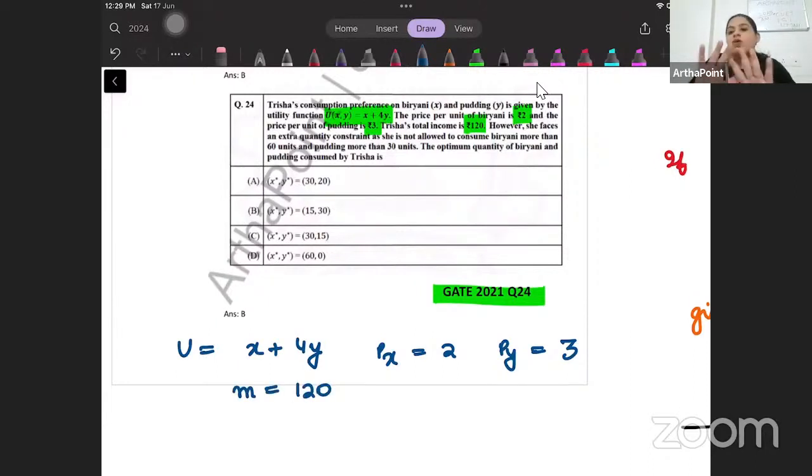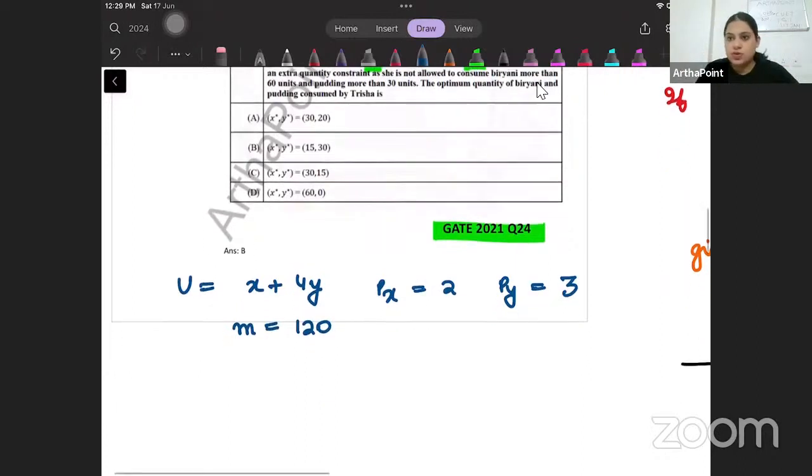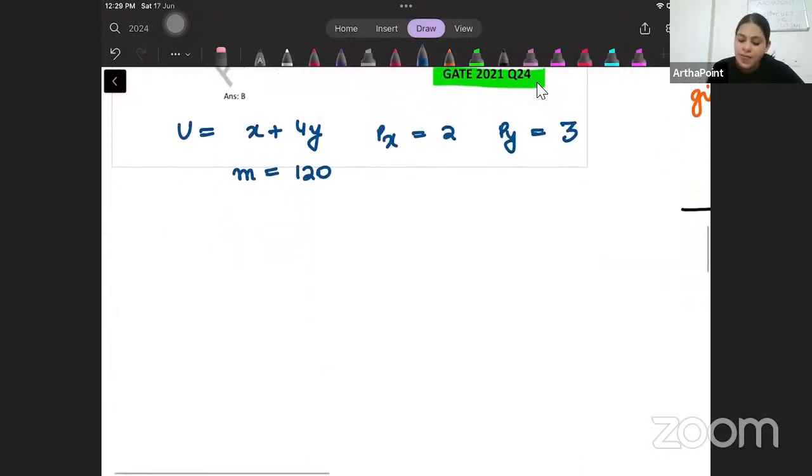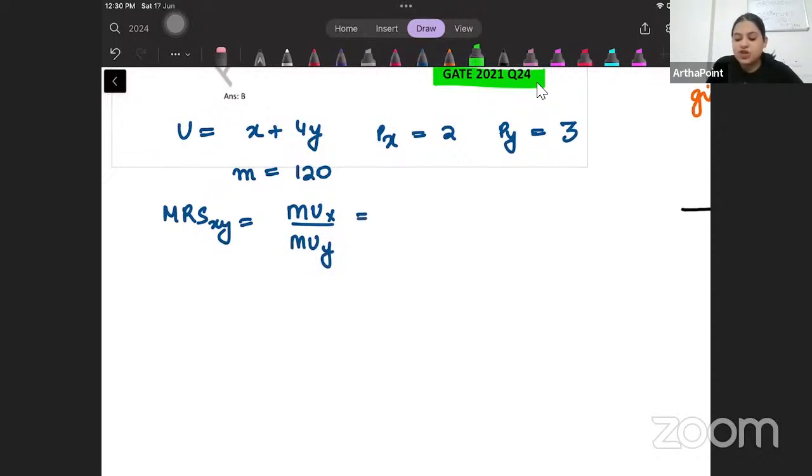But if I don't look at the remaining part of the question, then what should happen? I know that MRS is MUx by MUy. When I differentiate this with respect to X, it should be 1. With respect to Y, it should be 4. So this should be 1 by 4, 0.25.